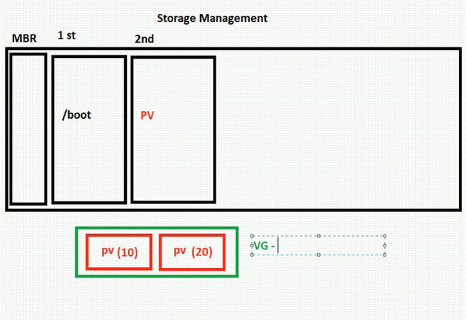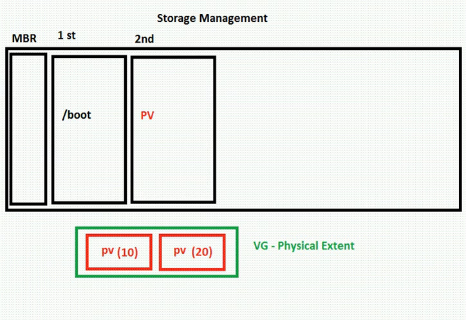When you create a volume group, you decide on the smallest chunk of the disk, and you divide your entire volume group into that smallest chunk. That smallest chunk is called a PE, which stands for physical extent.